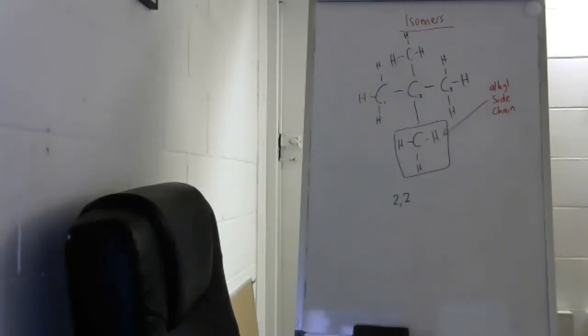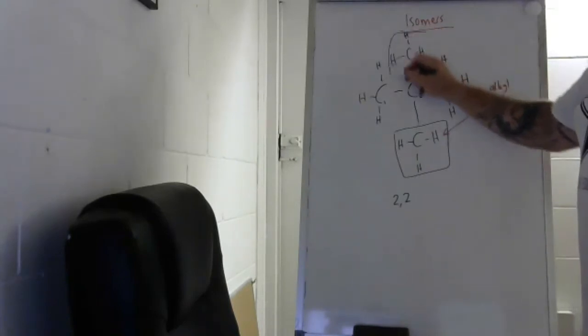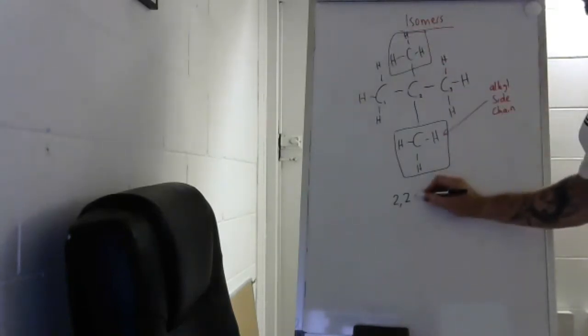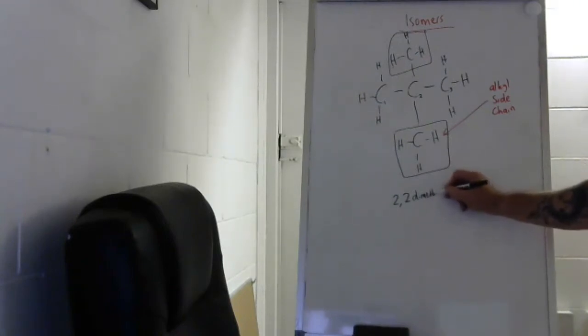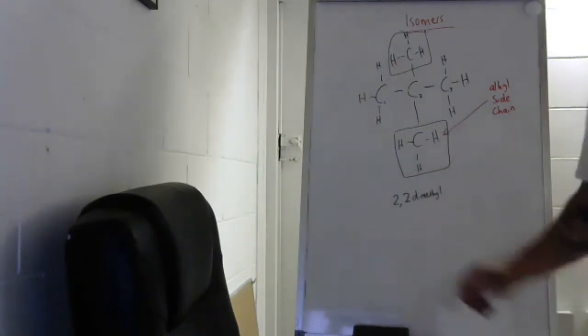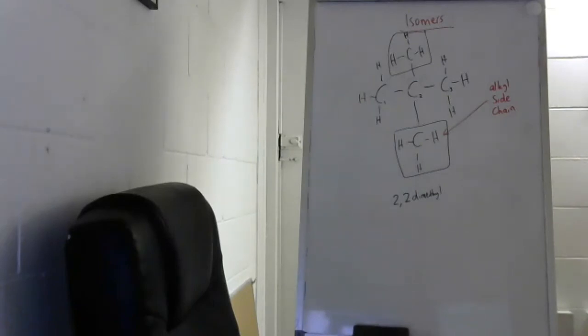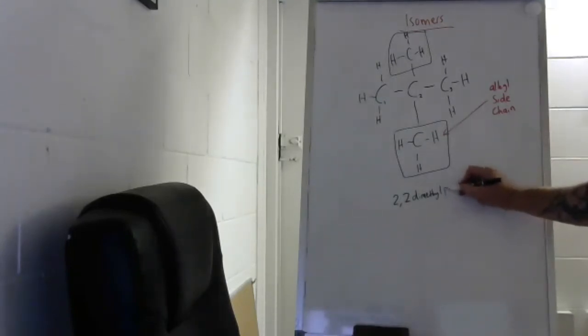So 2, 2, hey, it's like the dihaloalkanes. There's 2 of these methyl groups, so we call it dimethyl. The longest continuous chain is still 3 carbons. So 2, 2, dimethyl propane.